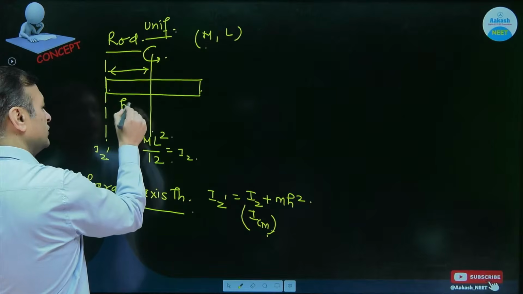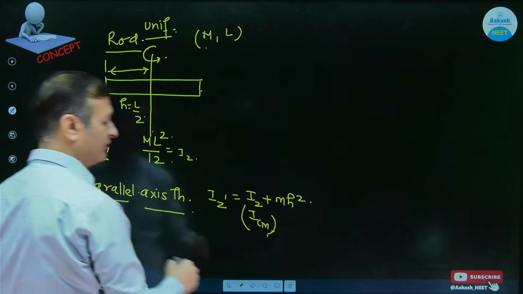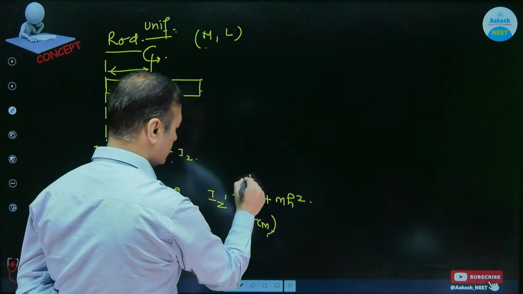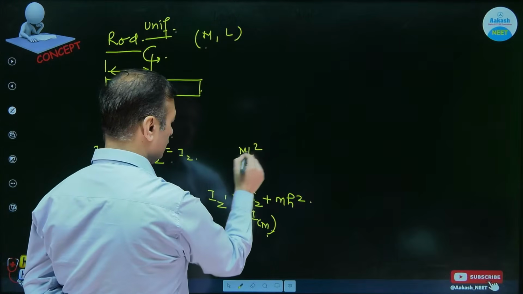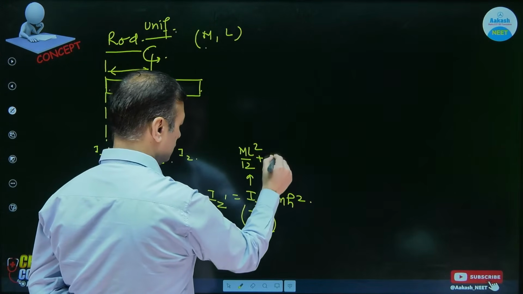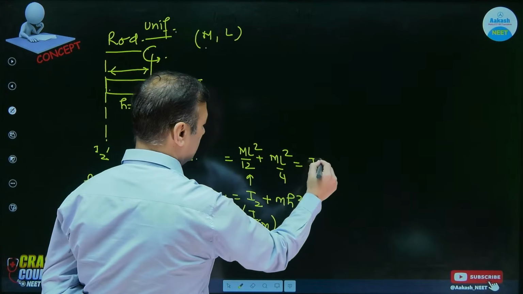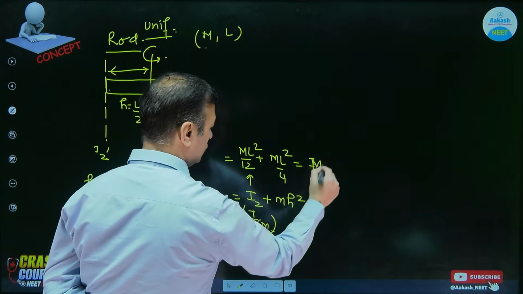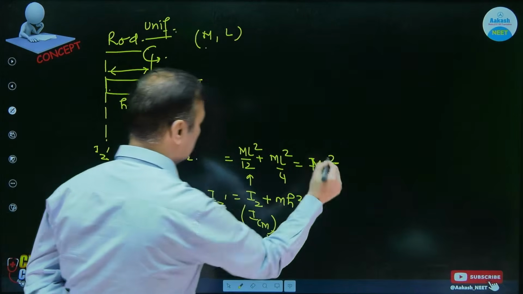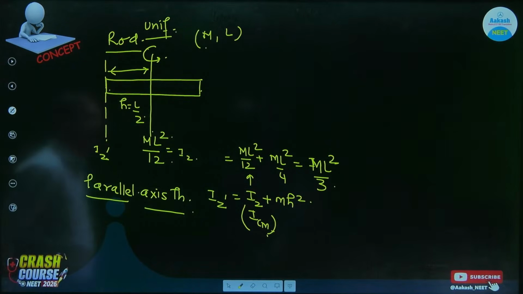This h is L by 2 for this case. When you solve it, Iz dash is equal to m L square by 3. Got it?